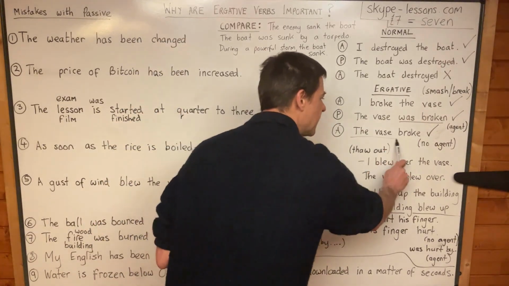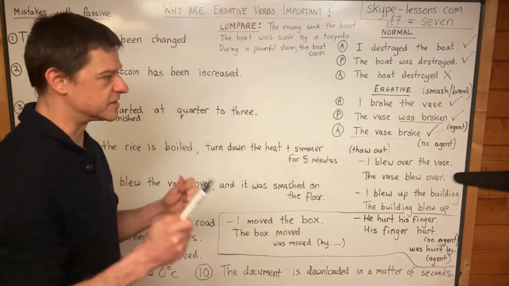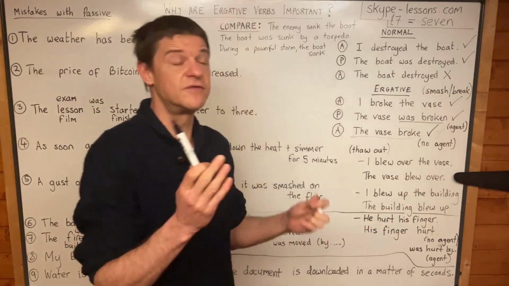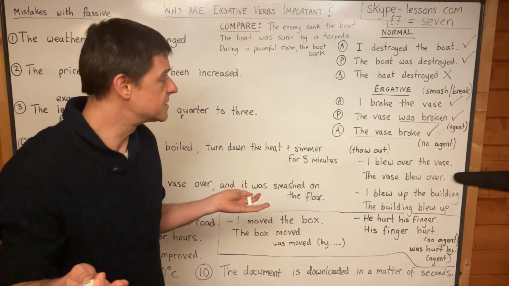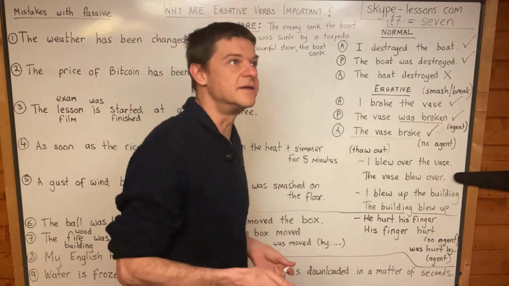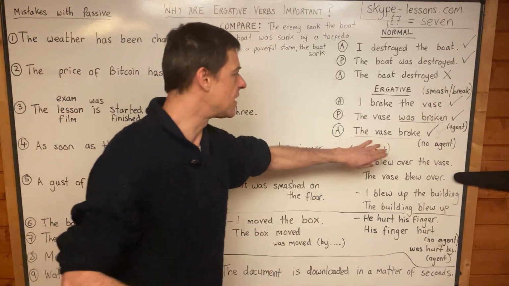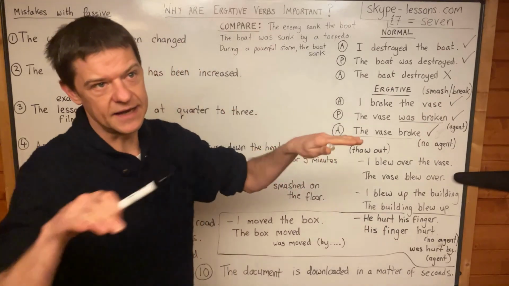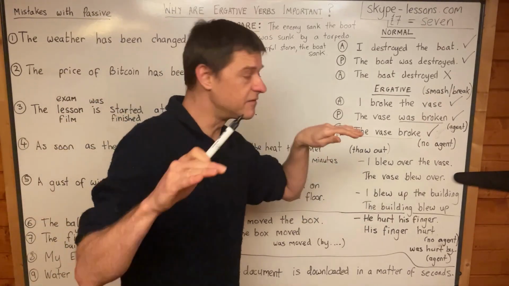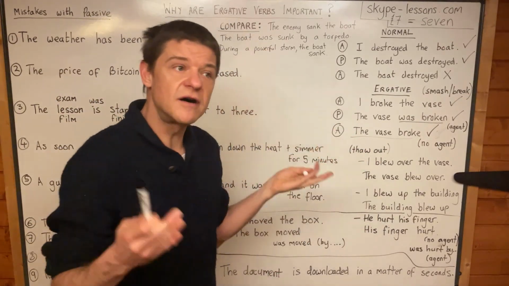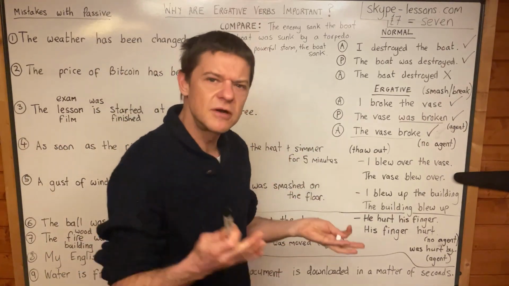Whereas this one, the vase broke, it doesn't sound like there was an agent involved, and quite often there isn't. You know, if there's a strong wind and it blows the vase off the shelf, then you might say the vase broke, because nobody broke the vase.